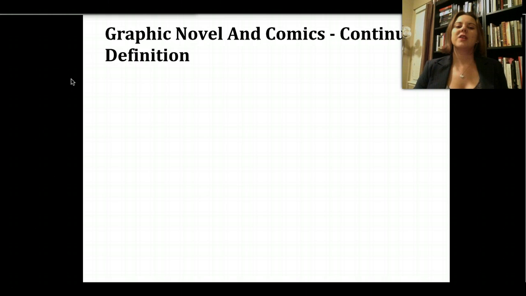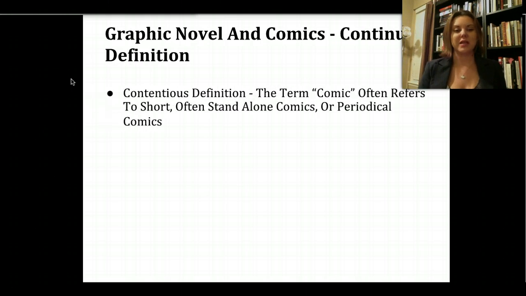So the graphic novel and comics then take on a whole other meaning, okay? This is a contentious definition. Many scholars are at odds right now about whether we should call all comics just comics or if the term graphic novel should be applied.